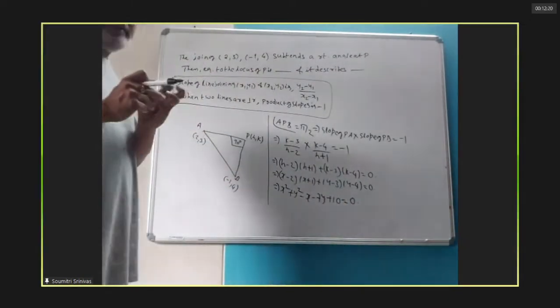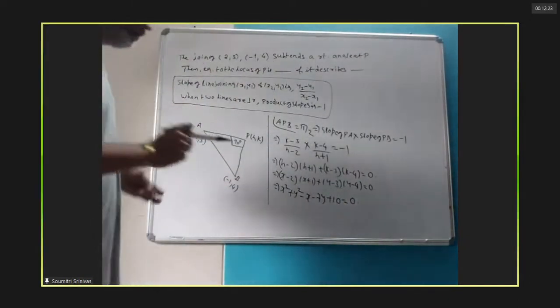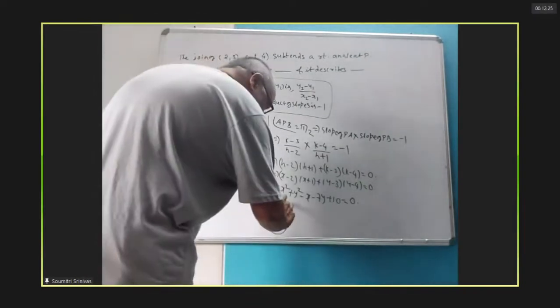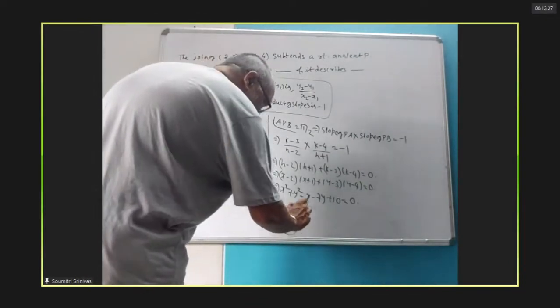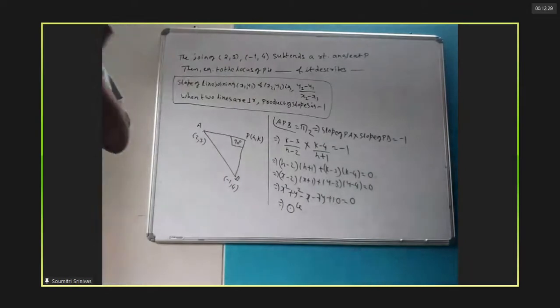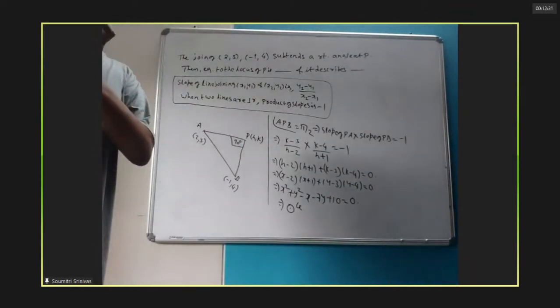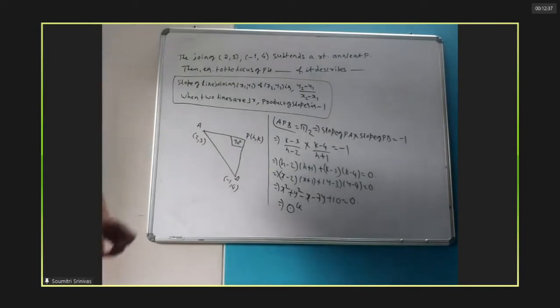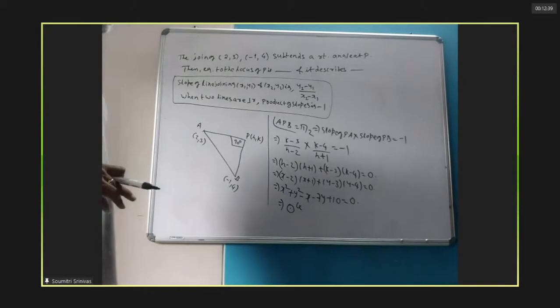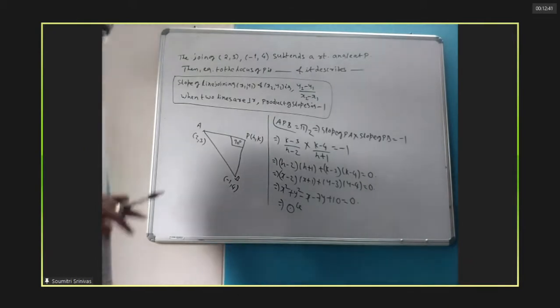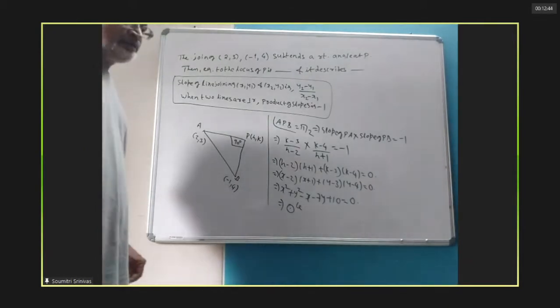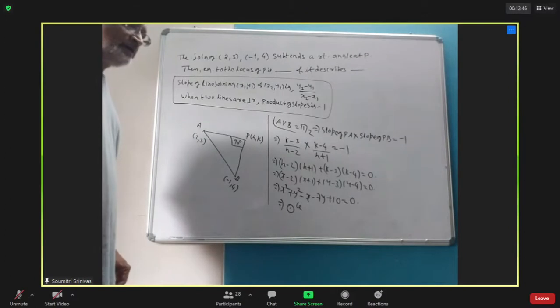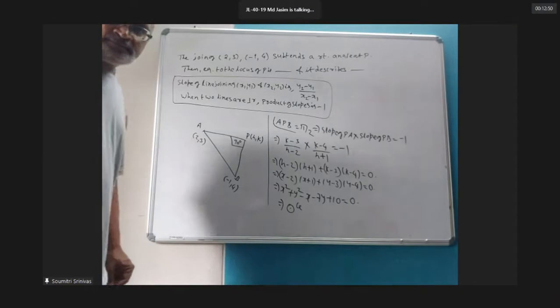The locus is describing what? Can anybody give an explanation why it is describing a circle? Angle subtended by a semicircle is 90.